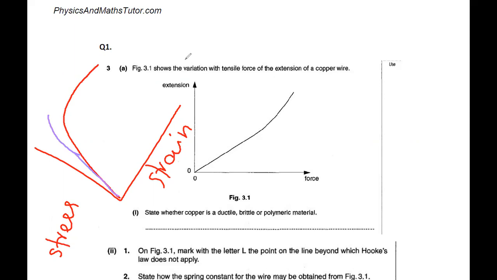Okay, all right. So we have majorly certain different types of material. We have our graph. We have certain materials that are known as ductile, and then we have certain materials that are known as brittle.